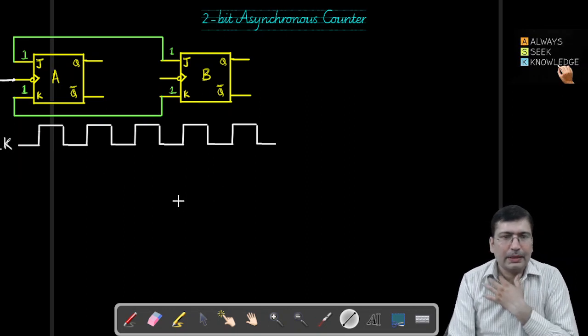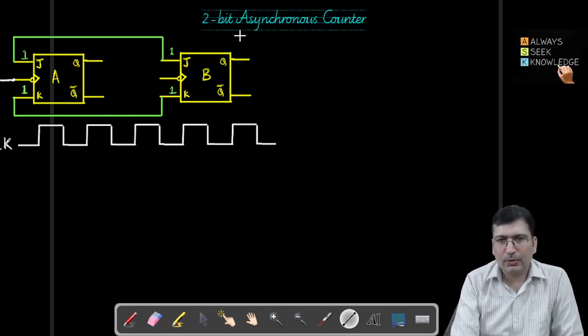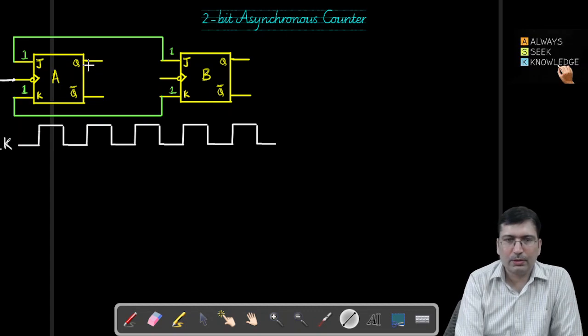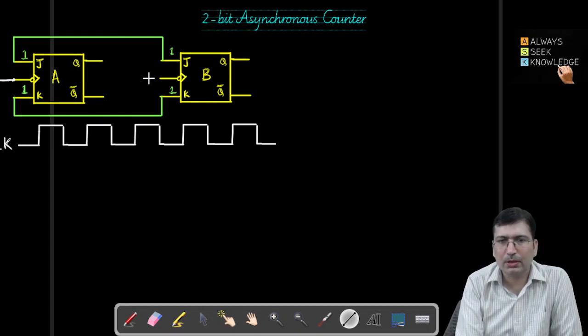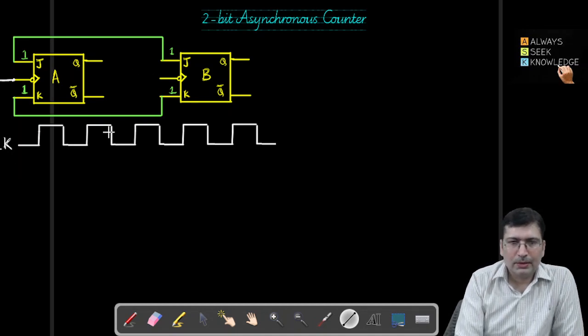Okay, now because we are talking about asynchronous counter, the output state of one flip-flop will control the clock of the other flip-flop. So we will pass this output as the clock pulse here.